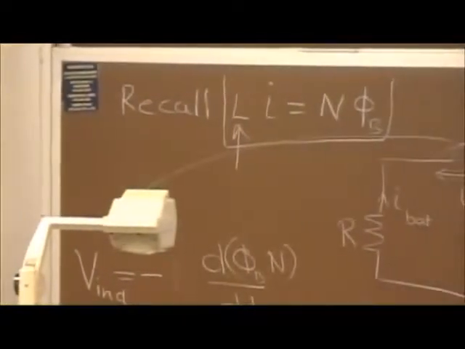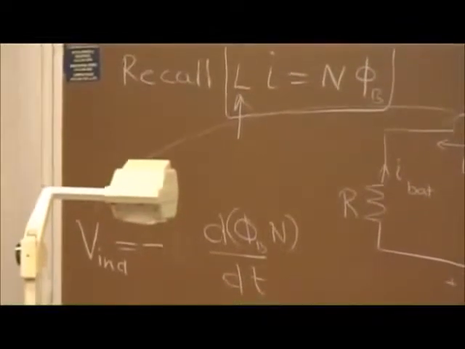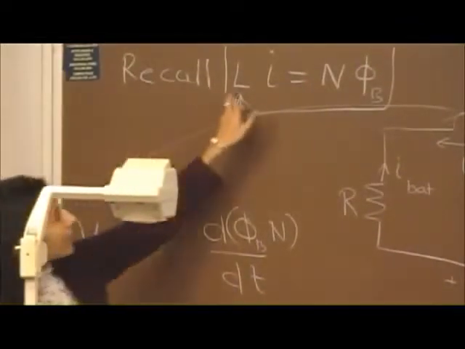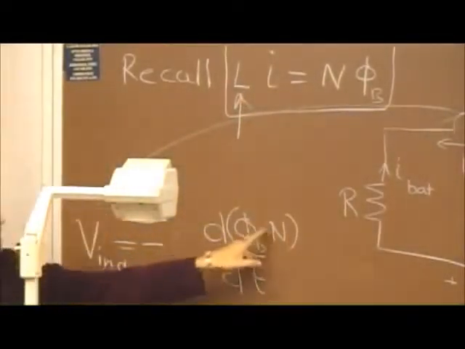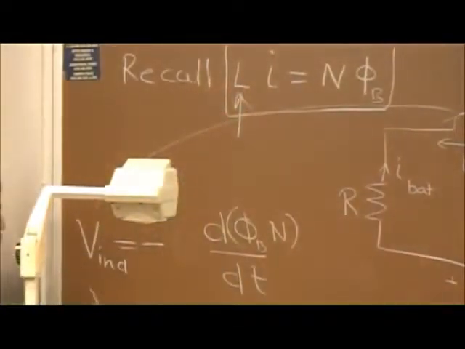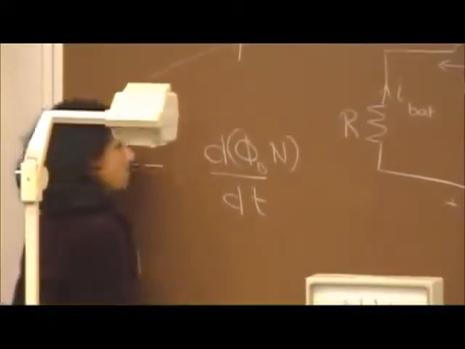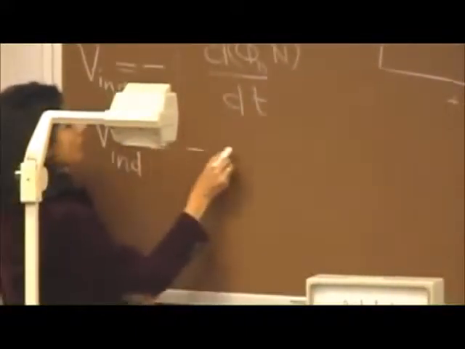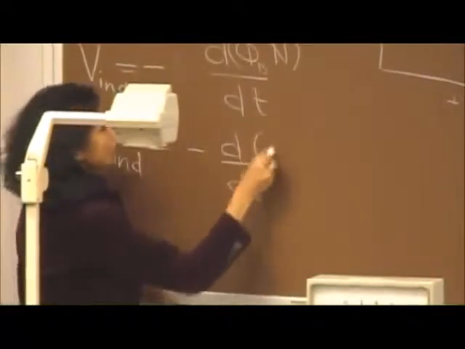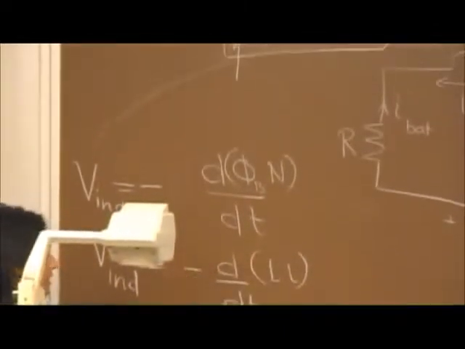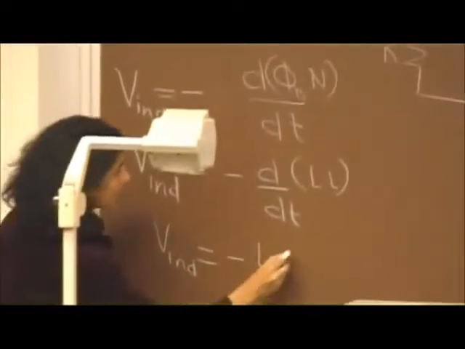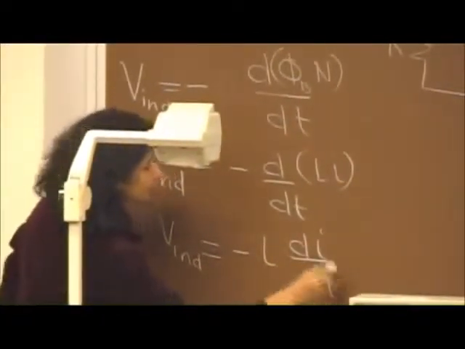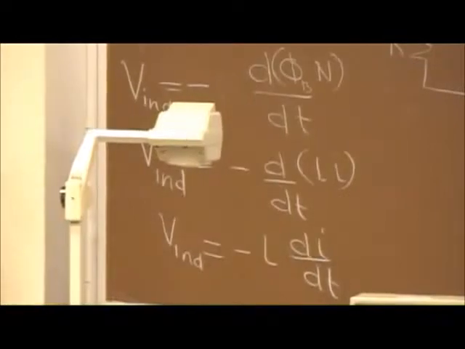So instead of N times phi, I can write L times I. So V induced becomes equal to minus d over dt of L times I, and L is a constant, so we can pull it out. So V induced is equal to minus L di over dt. This is the induced EMF, right?